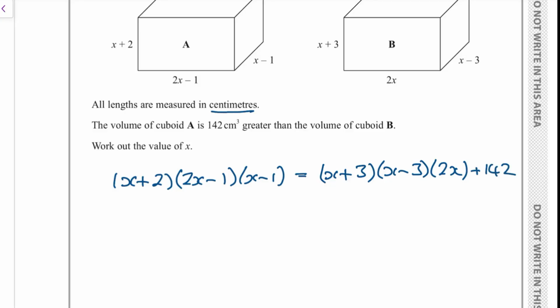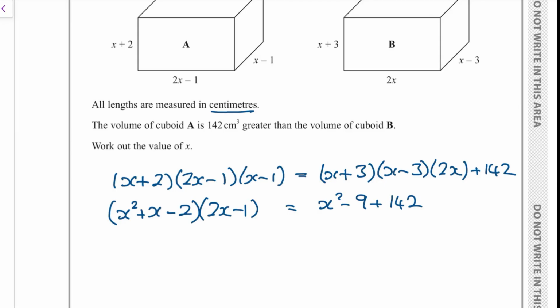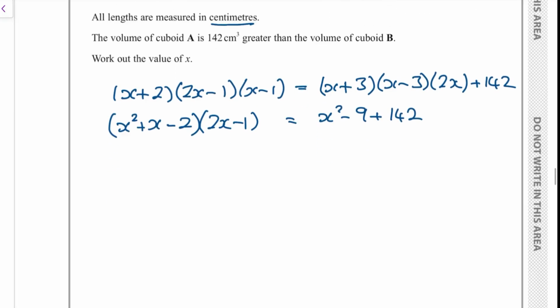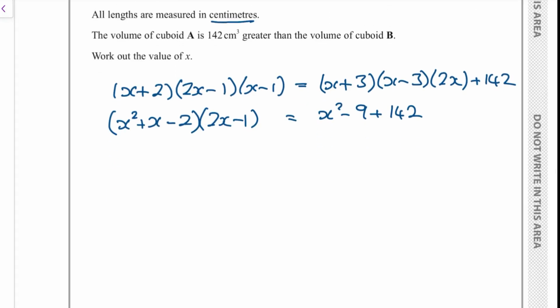All right, let's do the expanding. So I've got x squared plus x minus 2 times 2x minus 1 is equal to the difference of two squares, x squared minus 9, plus 142. Yeah, okay. Now here, be careful. I'm going to multiply everything by 2x, which gives me 2x cubed plus 2x squared minus 4x.